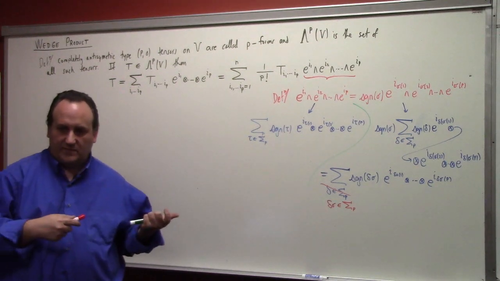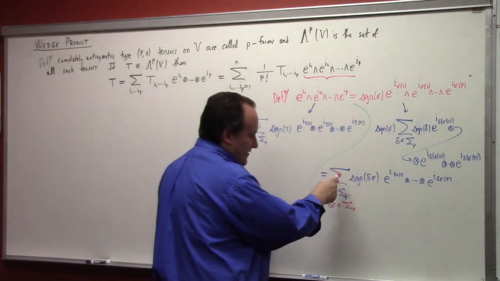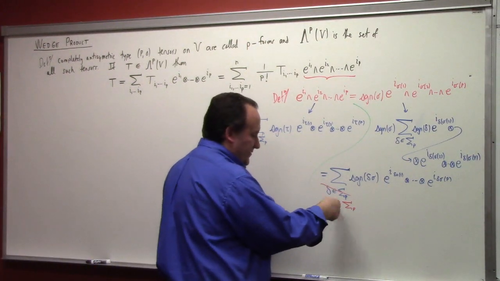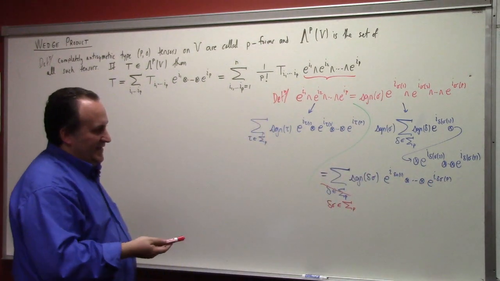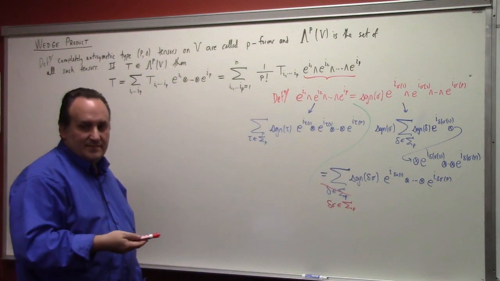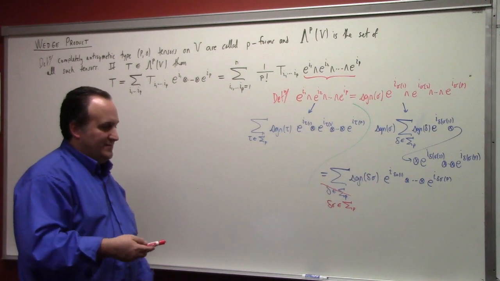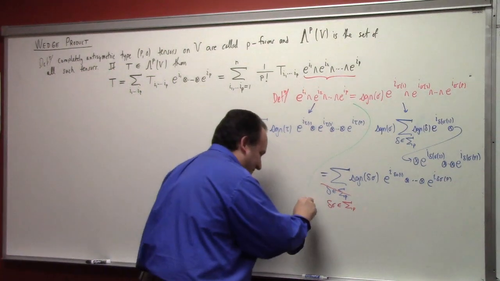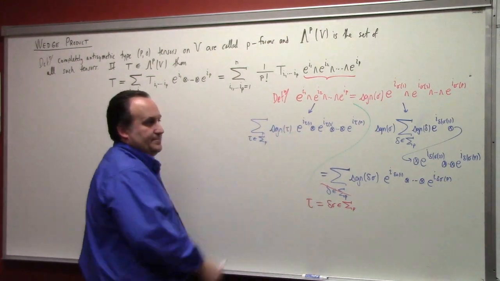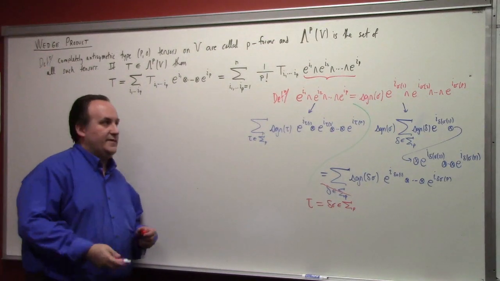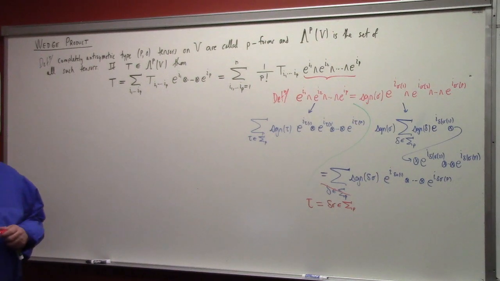Basically, I make a substitution. Because this sum was over arbitrary delta, it's the same as saying it's over arbitrary delta sigma. You just say tau equals delta sigma. And then we're there, which means we have equality. The circle is complete.